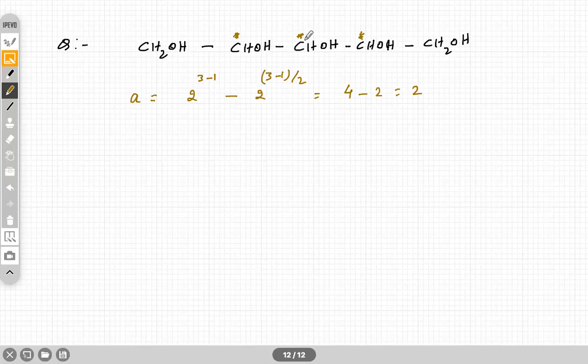Across this plane we have symmetry. M is equal to 2 to the power (3 minus 1) divided by 2, that is 2 only. So total number of stereoisomers is equal to 2 plus 2 is equal to 4, is the answer.